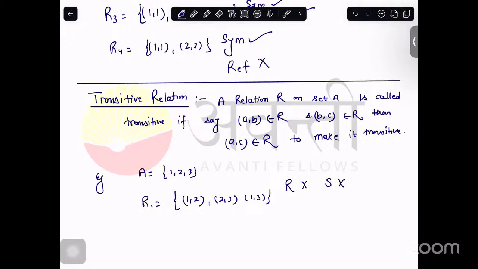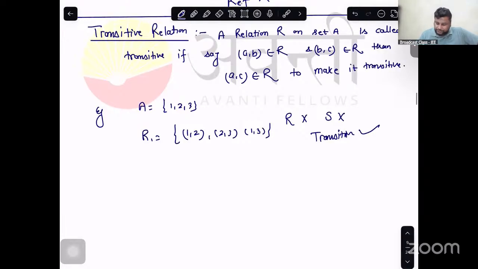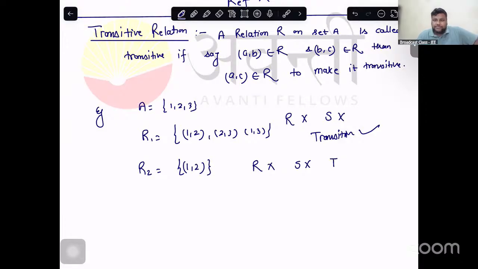Is it transitive? Yes, sir. (1, 2), (2, 3) is there, then (1, 3) is there. Next, if I define R2, that is simply {(1, 2)}. Now tell me, is it reflexive? No. Is it symmetric? No. Is it transitive? Yes, it will be.